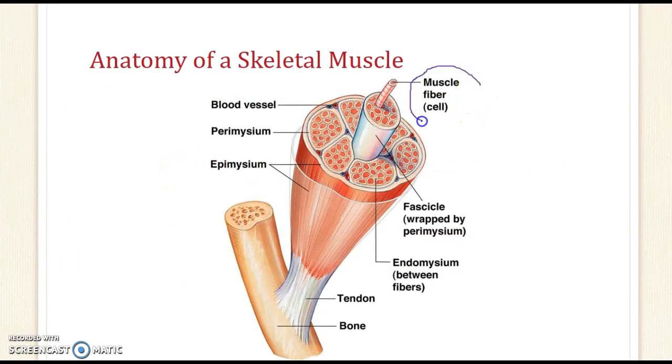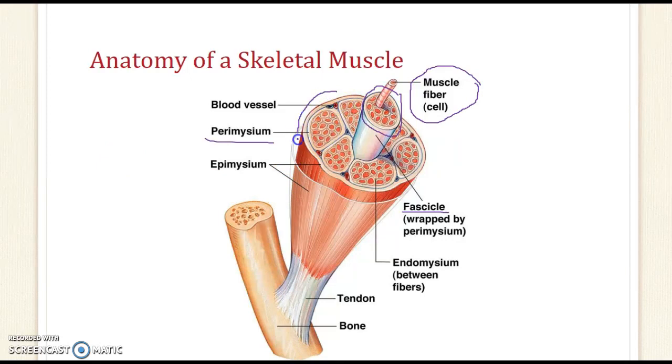So here's your one muscle fiber. That is going to be surrounded by the endomysium. A bunch of muscle fibers put together is going to equal a fascicle. And fascicles are going to be surrounded by the perimysium, which is, once again, just connective tissue holding it all together.